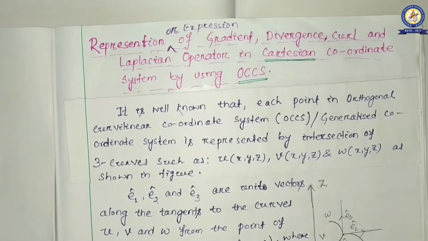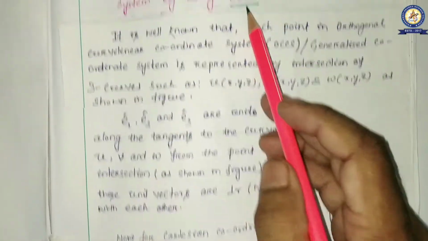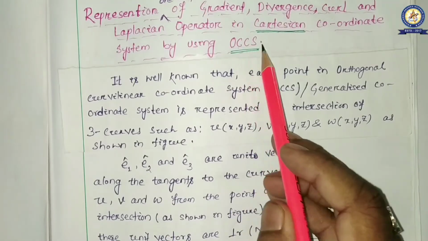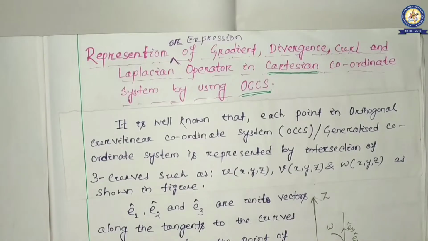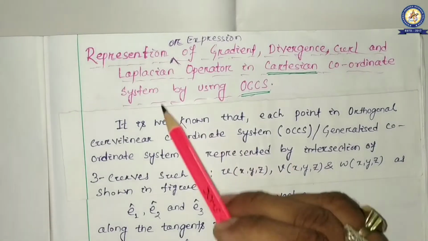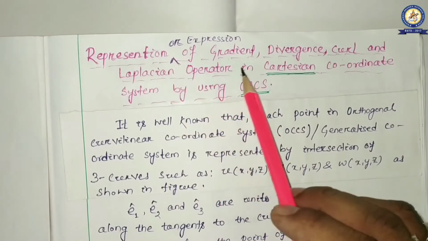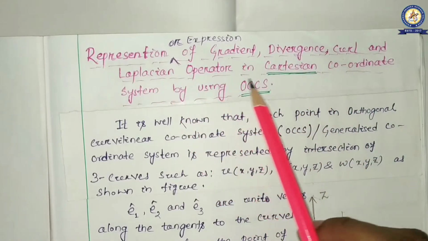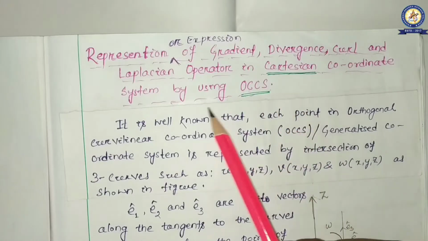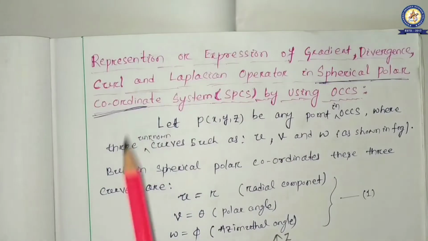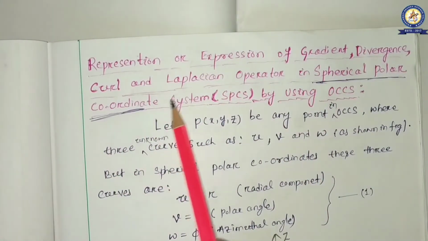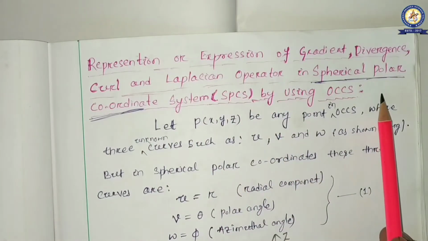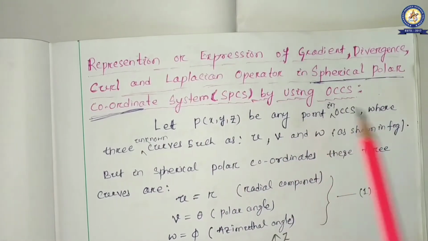First we are going to discuss in short about OCCS, orthogonal curvilinear coordinate system, because it is very essential to discuss this one: representation of gradient, divergence, curl, Laplacian operator in spherical polar coordinate system by using OCCS.